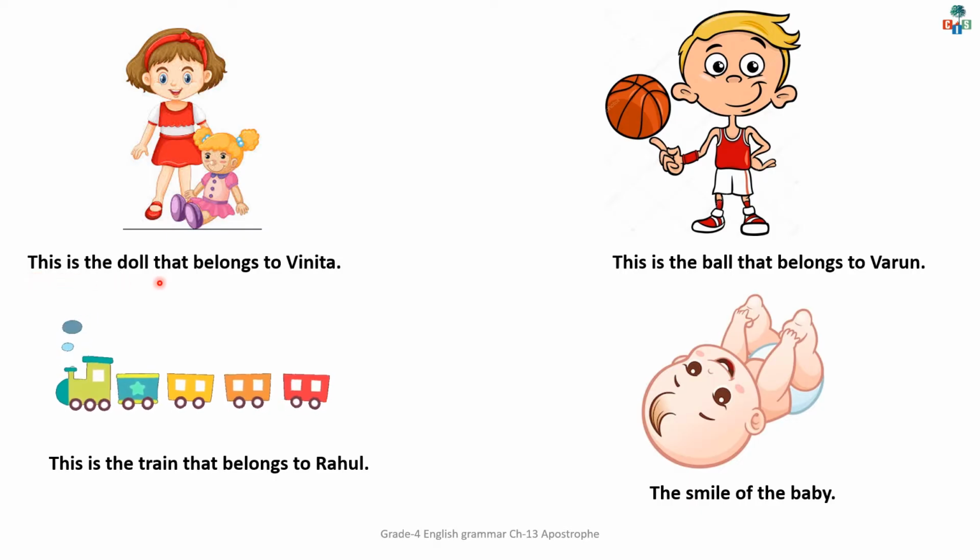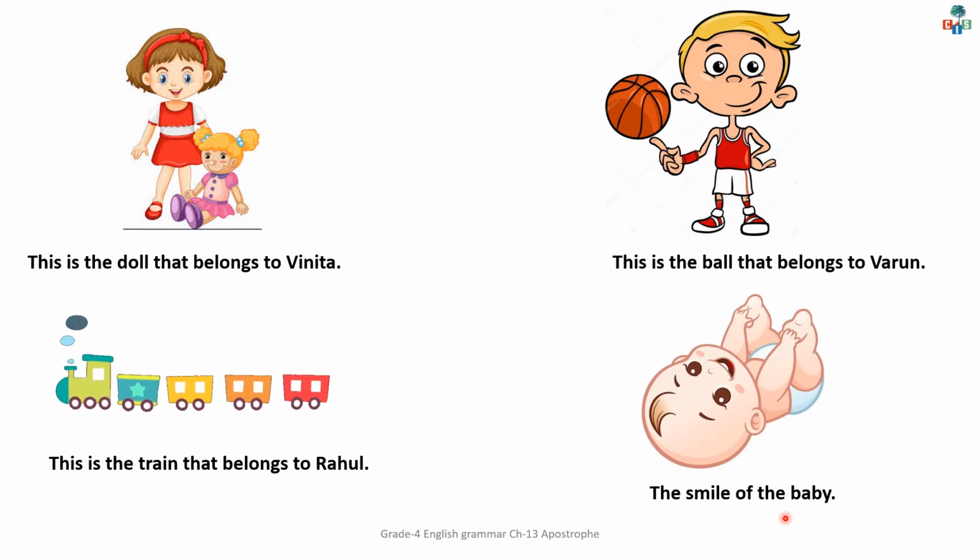This is the doll that belongs to Vinita. This is the ball that belongs to Varun. This is the train that belongs to Rahul. The smile of the baby. Now children, it is so difficult to keep saying or reading words like belongs to again and again.